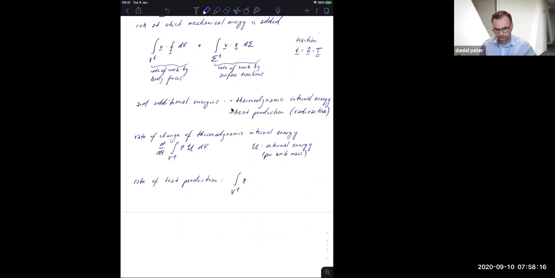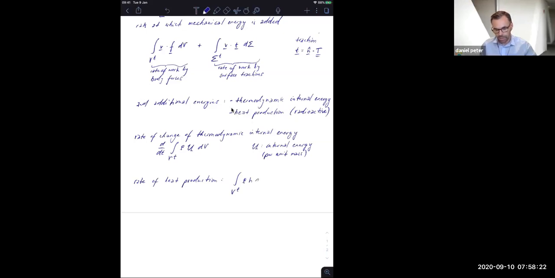We can again use an integral formulation with rho times h, where small h is our heat production rate. And we write it in this integral form, again per unit mass. Good.